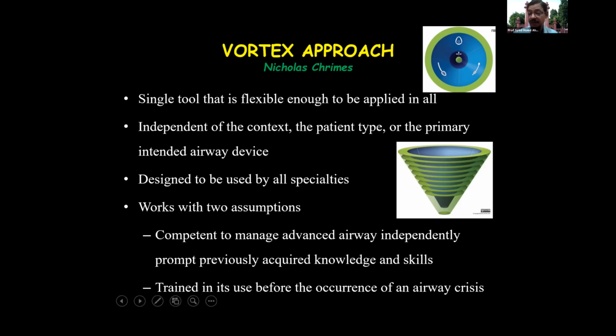The rider he gave is that whoever is using this vortex approach must be competent to manage advanced airway independently and promptly, having previously acquired this knowledge and skills. That means he already has knowledge of managing a difficult airway situation, and he is trained in its use before the occurrence of any airway crisis.